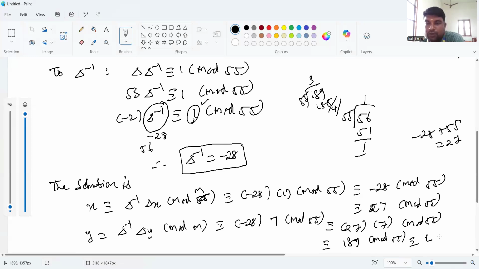So 4 is the solution for y. Therefore, the solution of x is x congruent to 27 modulo 55, and the solution of y is y congruent to 4 modulo 55.